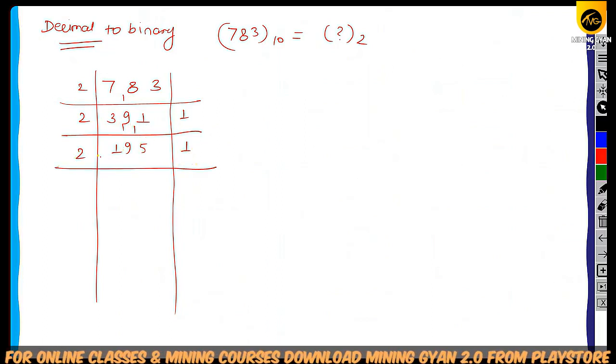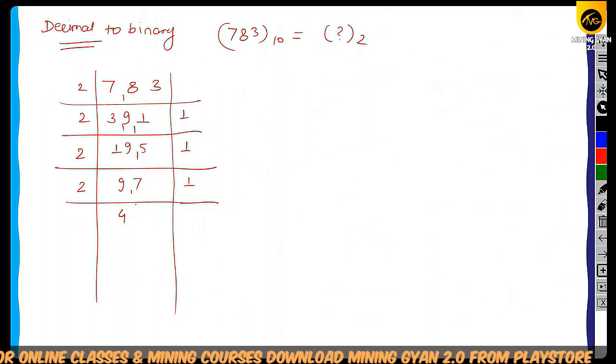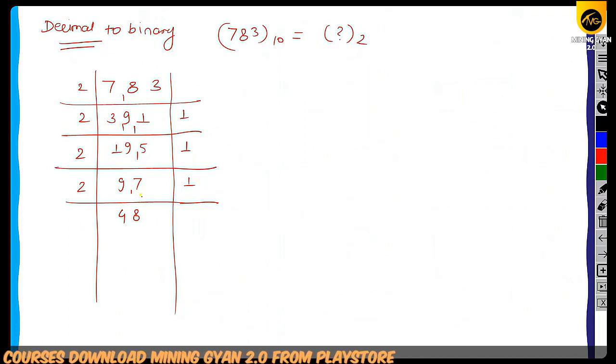Now again 2 nines are 18, there is 1, and it will become 15, so 2 sevens are 14, and 1 is again the remainder. In the next step, divided by 2, 2 fours are 8, there is 1 left as a remainder. So it will become 17, and 2 sixes are 12, okay, 2 eights are 16, so again we have one remainder.